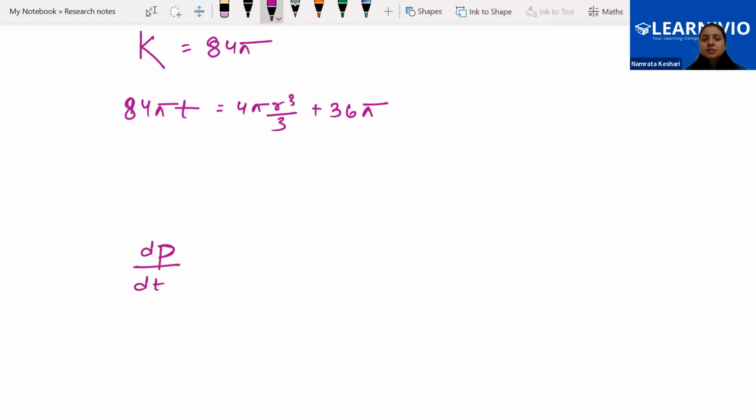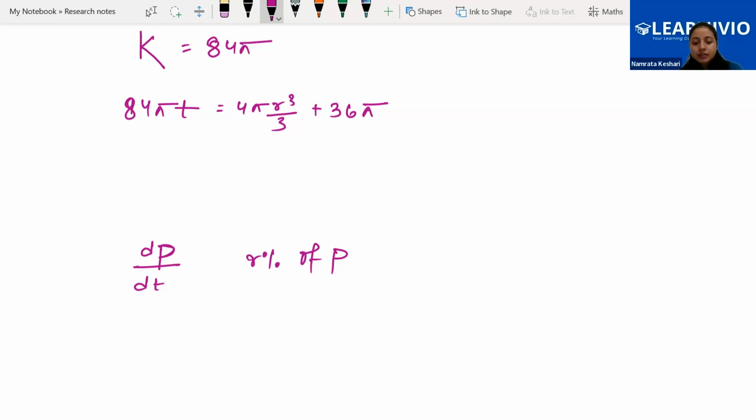This principal is changing with respect to time, and it is increasing continuously at a rate of R% per year. So at the rate of R% it is increasing. Yes or no? Okay, this is how we will frame the differential equation.